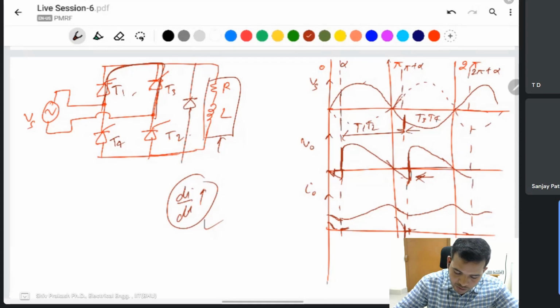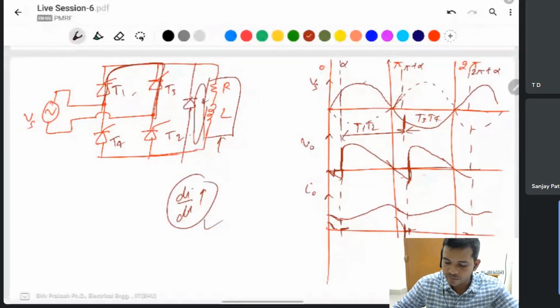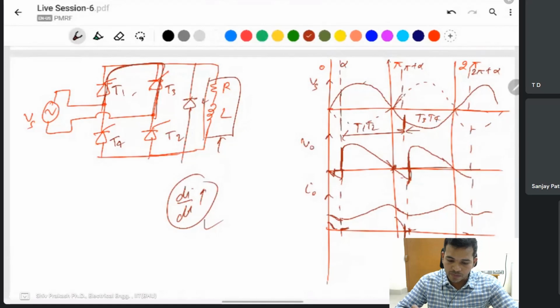If you give a path to release the energy of the inductor, then the negative spike also will not come. The thyristor will turn off here at pi. Inductors must have a path to release energy to flow the continuous current.